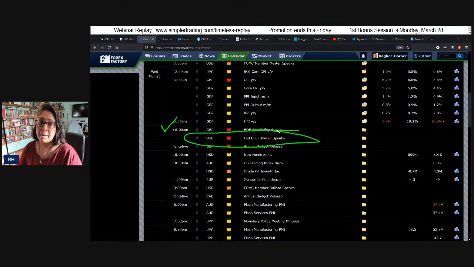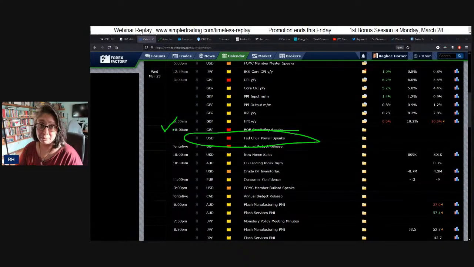Today, we've got Kapowell. When Kapowell is on the schedule, well, we don't call him Kapowell for nothing. Anytime he's going to speak, frankly, in this environment, anytime any of the voting FOMC members are going to speak, we're going to have the potential for any kind of insight into what they're thinking about rates.